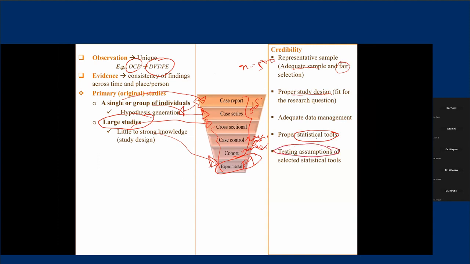It's something that, as a reviewer of medical journals, I encounter, I don't know, 97% of the time. Most of these researchers, they don't test assumptions for the statistical tools they picked. They just dive into using them before testing the assumptions of these tools for their data. So it's very critical.